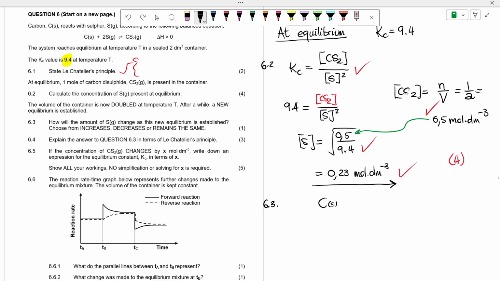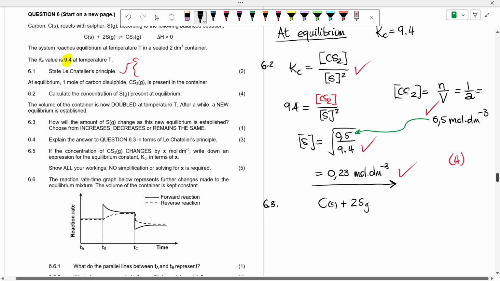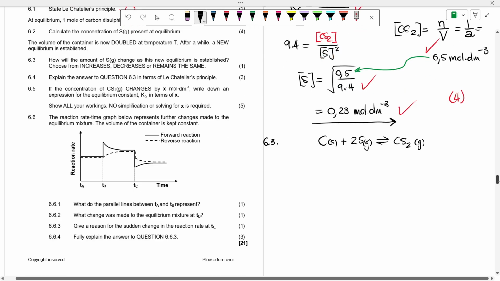Then the reaction that has the biggest number of moles will be favored. Yep, that's correct.